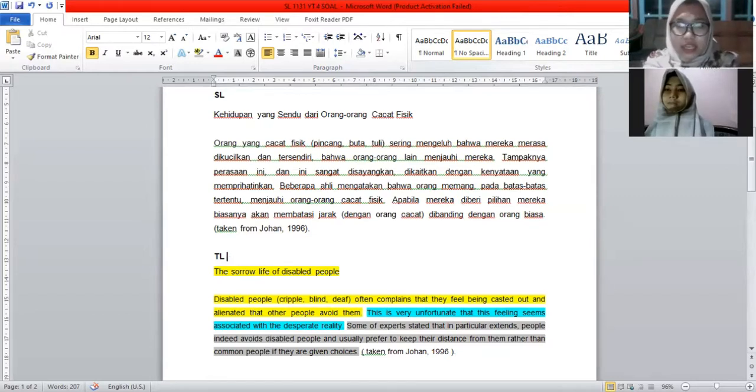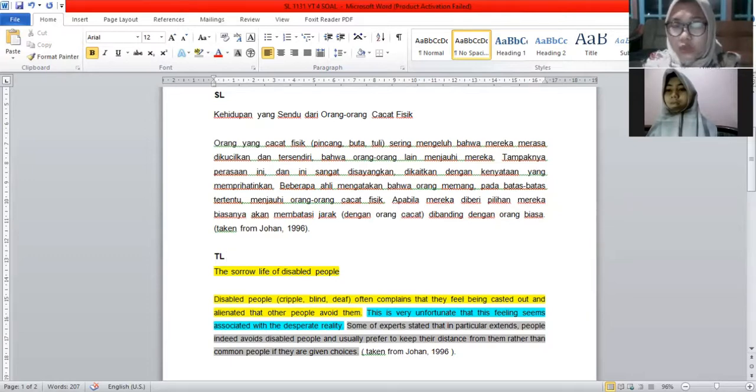So first, the title. We translated it from source language Bahasa Indonesia to target language English. The title in source language is "kehidupan yang sendu dari orang-orang cacat fisik," and in the target language it is "the thorough life of disabled people."